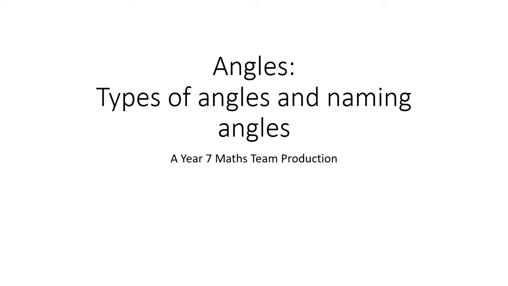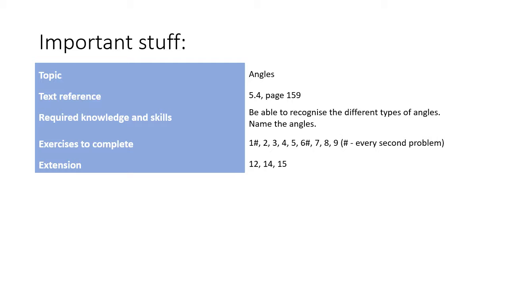Everything that I'm doing is straight out of the textbook, so if you look at your textbook, either the hard copy or on Jacaranda Plus, you'll see everything in there as well. In each of these videos, I'm going to have a page where I detail where it is in the text. So this is 5.4, which starts on page 159, and the required knowledge and skills, which is essentially a learning intention, what we would like you to understand at the end of this.